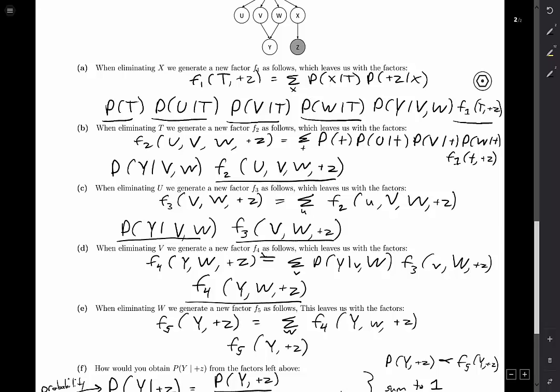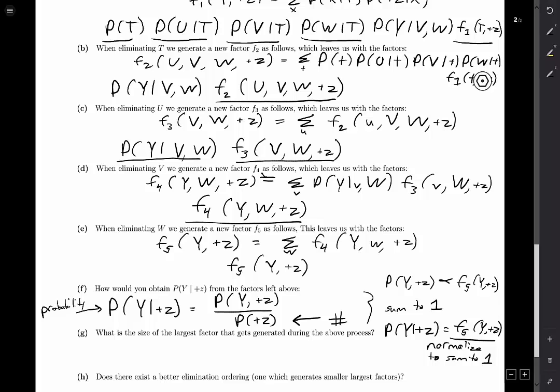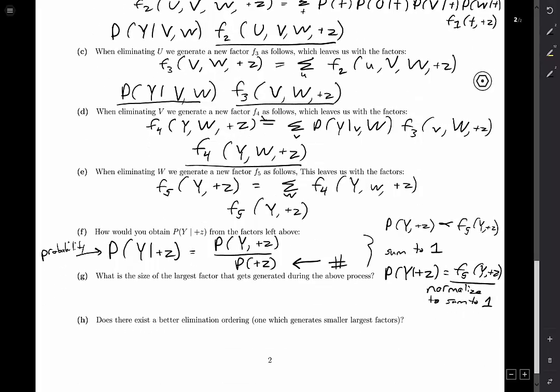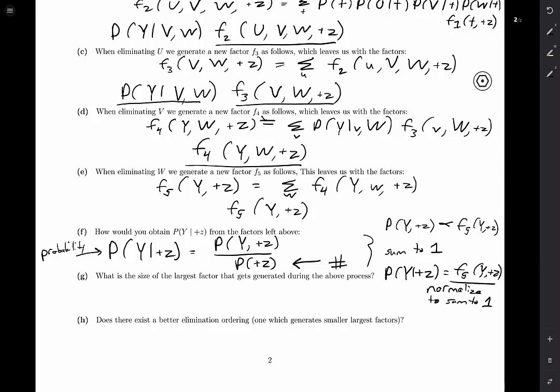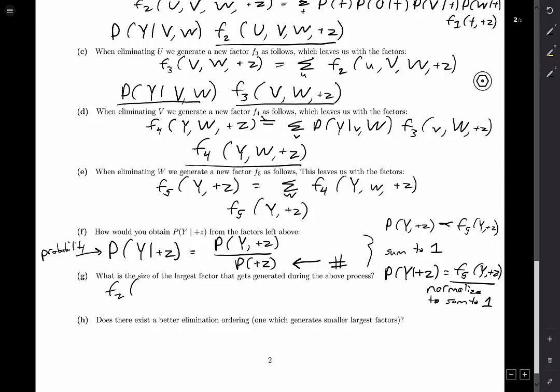The plus z doesn't count because it's a fixed value. And we have plus 3 here, plus 2, plus 1. So the size of the largest factor is actually f2 of u comma v comma w comma plus z. And because it's binary, the size is 2 to the 3.